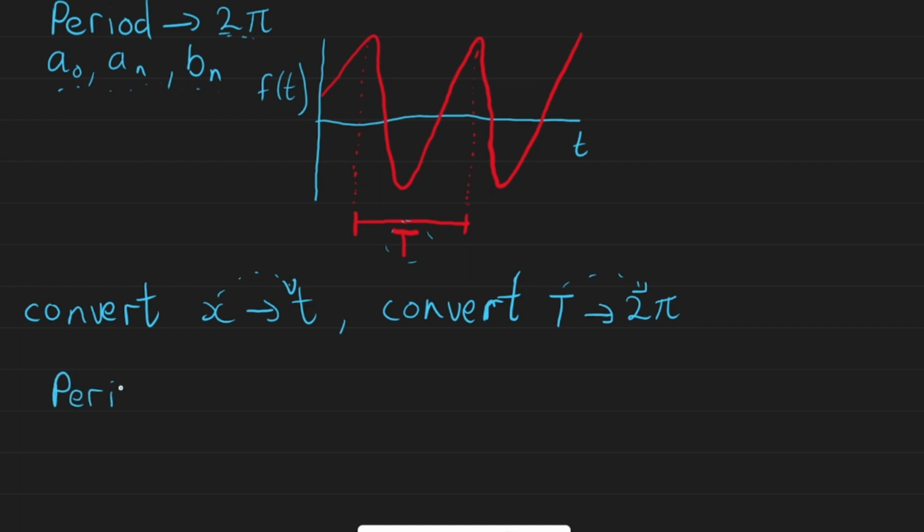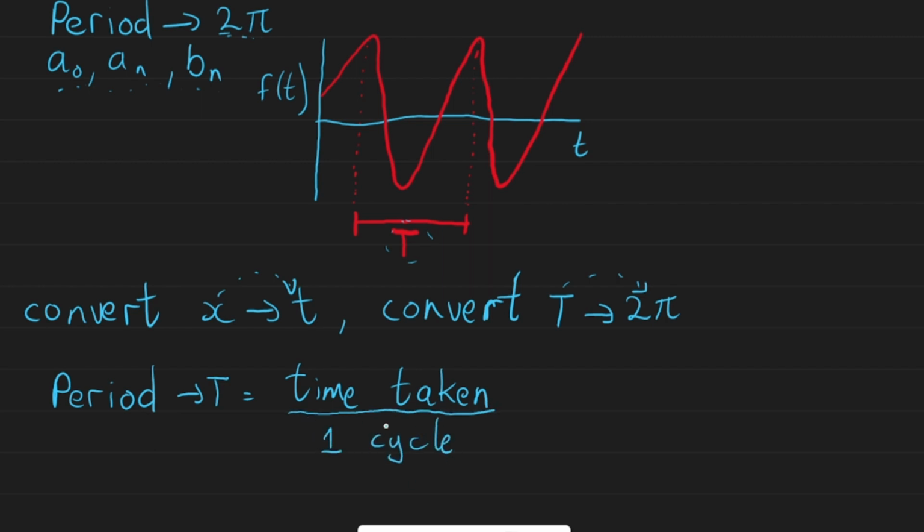So the period is this variable t, and it is the time taken to complete one cycle. So there's our one cycle, and there's our time taken. So that's what the period is.